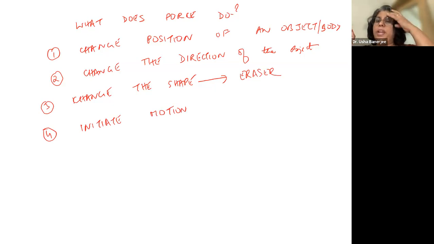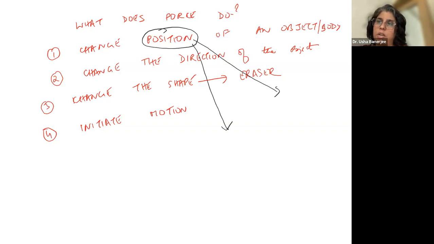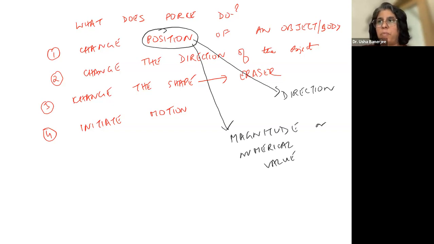Now, whenever I talk about position, there are two things which I talk about. First is the word magnitude. Magnitude is nothing but numerical value. And second is direction. So the ball is coming from the south and you kick it and change its direction.